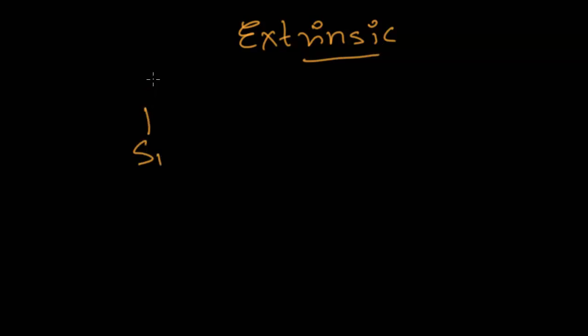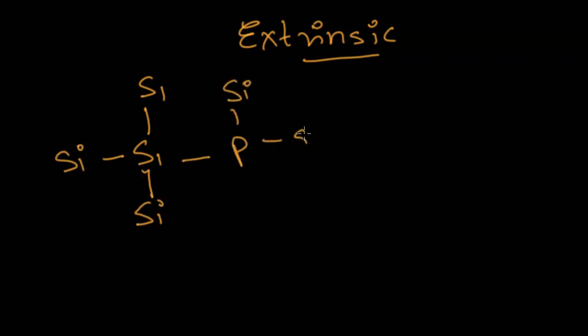Another type of semiconductor is an extrinsic semiconductor. An extrinsic semiconductor has small quantities of doping in it. Let's start with the lattice of silicon. I have doped this with phosphorus. Phosphorus belongs to group 5 of the periodic table.